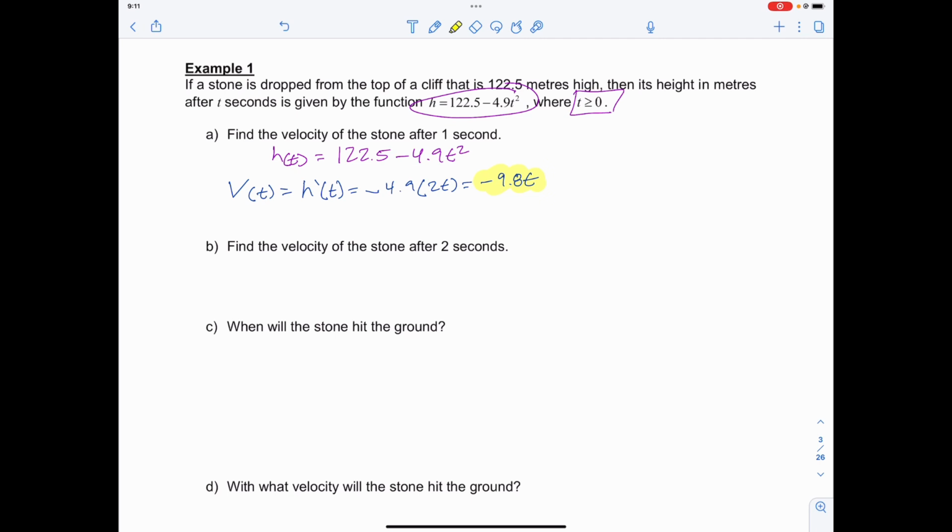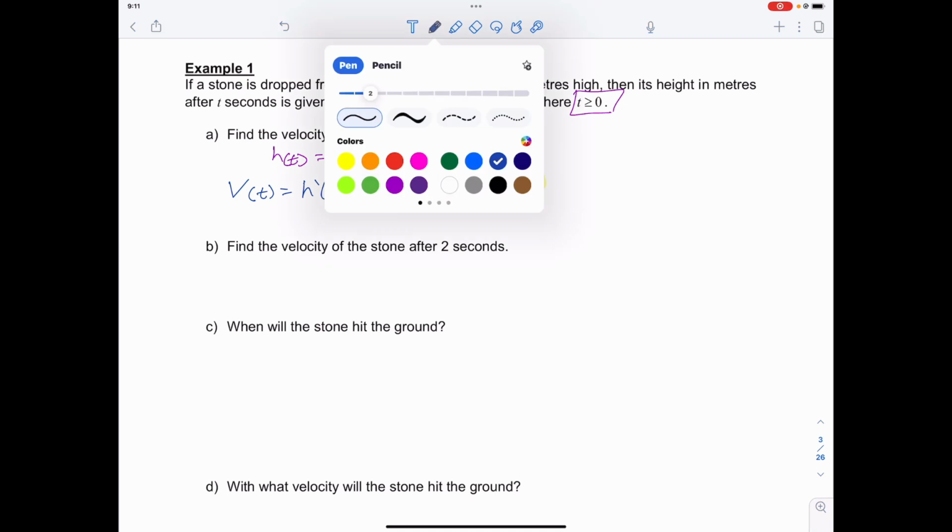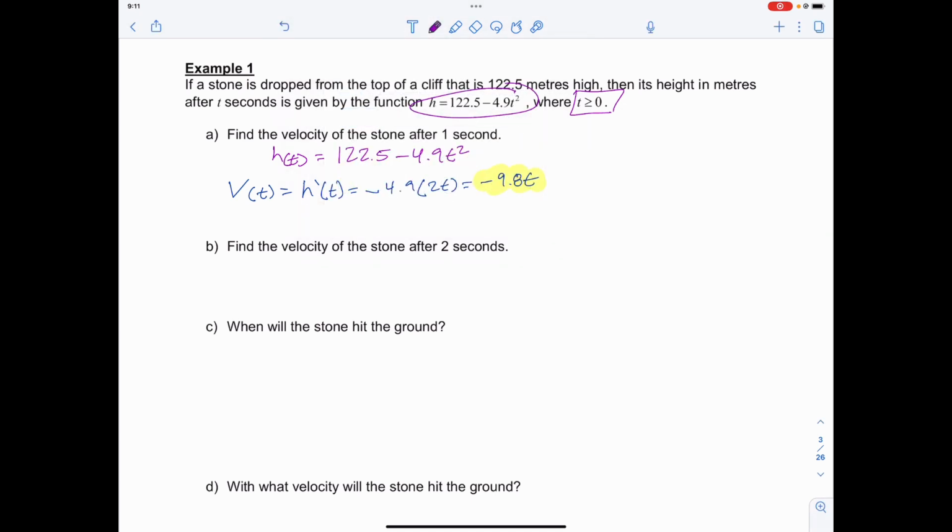So when it says what is the velocity of the stone after 1 second, really what it means is at 1 second. Remember, this is always an instantaneous velocity that's occurring. So the velocity at 1 second is equal to negative 9.8 times 1, or negative 9.8 meters per second.